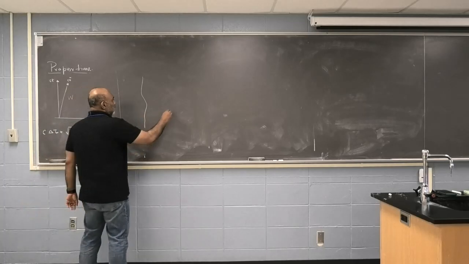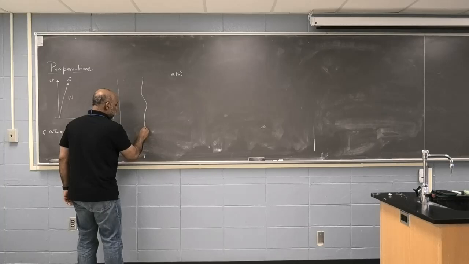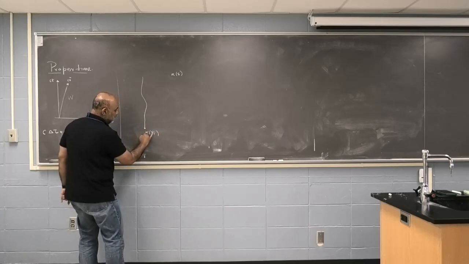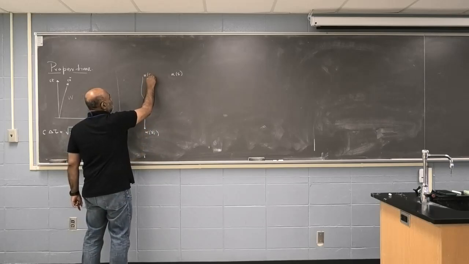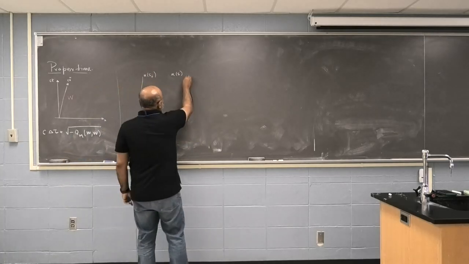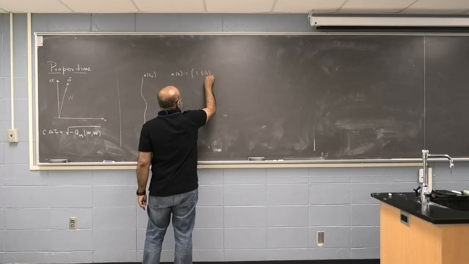So this is a curve, alpha of s, and this is the initial point, alpha s_i, and alpha s_f. This is t, which is a function of s.